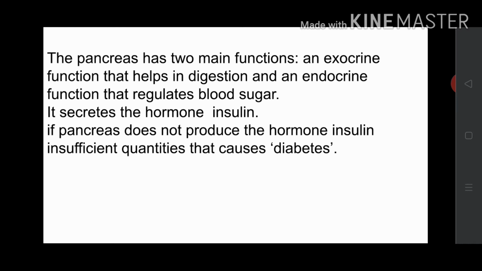Exocrine function helps in digestion, and endocrine function regulates blood sugar. So, pancreas has two main functions. Pancreas secretes the hormone insulin. If pancreas does not produce the hormone insulin in sufficient quantities, that causes diabetes.